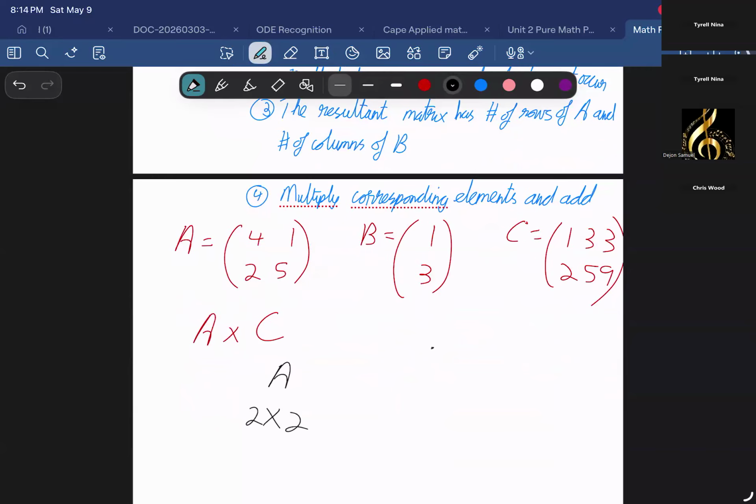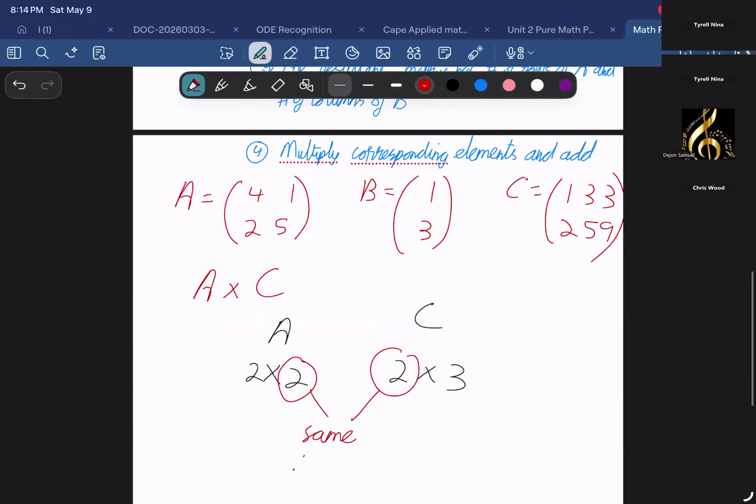And let's say I have C. C is 2 rows by 3 columns. I look at the middle numbers here. They are the same. Therefore, matrix multiplication can happen. You all agree with that?